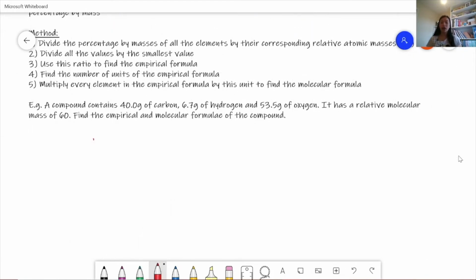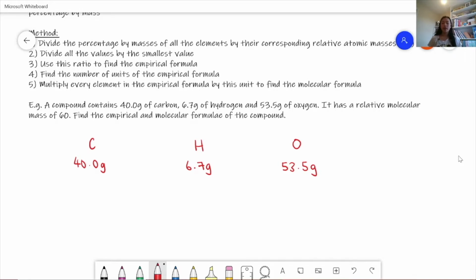So we have carbon, and then hydrogen, and then oxygen. And I always find it quite useful to space them out. So the next thing I do is write out everything that I've got. So I've got 40 grams of carbon, and then 6.7 grams of hydrogen, and 53.5 grams of oxygen. And so this is a composition by mass question.